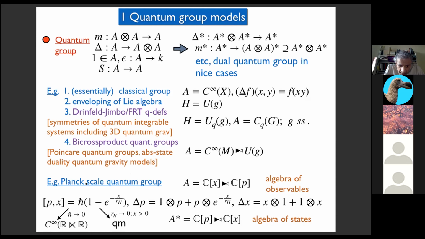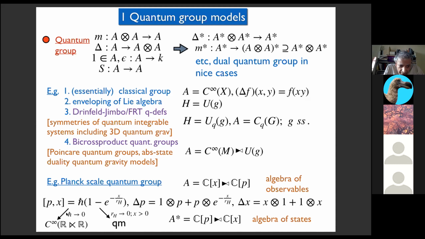And that actually was what I proposed back in '87, '88. In that old paper, I gave this example, just where everything is one-dimensional. So you've got polynomials in X, polynomials in P, and, well, not really polynomials, but something like that. And here we see the commutation relations. They are a deformation of the Heisenberg commutation relations by something which has some kind of macroscopic horizon length, curvature length, R_H.